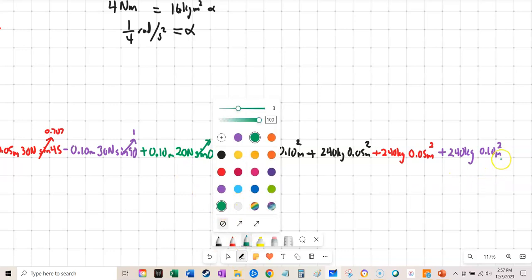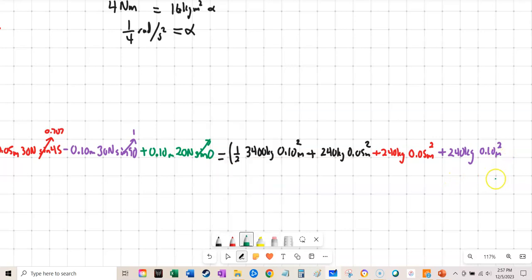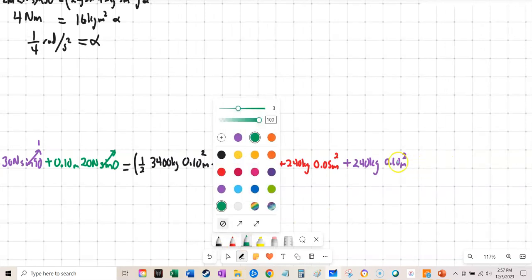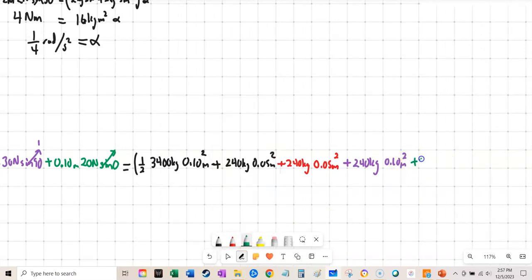So that green guy is going to be 240 kilograms, and it was also located at 10 centimeters out. So this is plus 240 kilograms, and this is 0.10 meters squared out. So now we've summed up all of our rockets, 1, 2, 3, 4 rockets, and the disk.